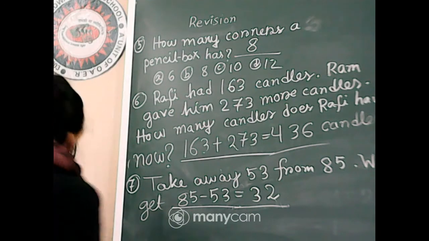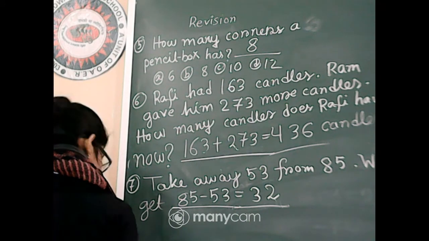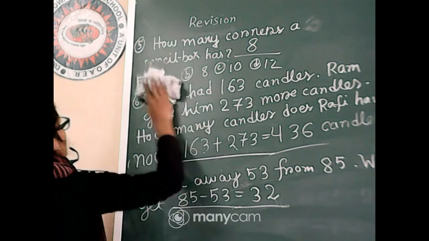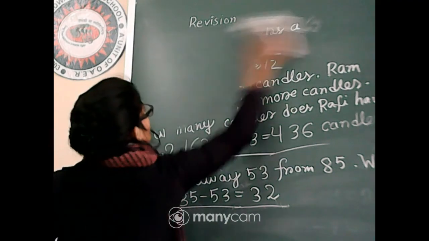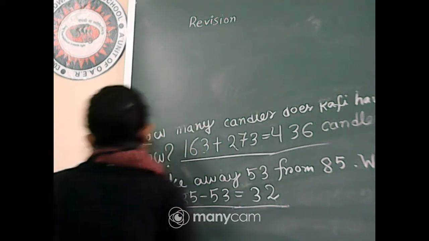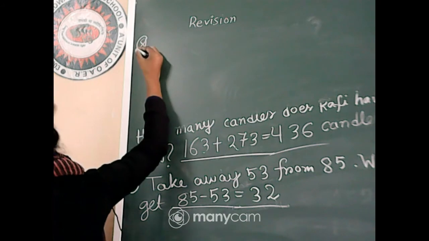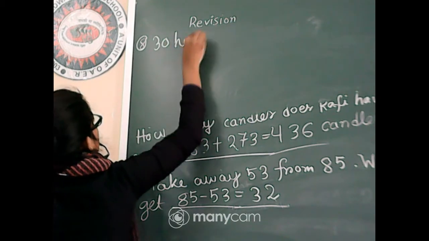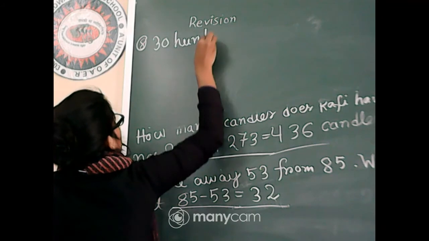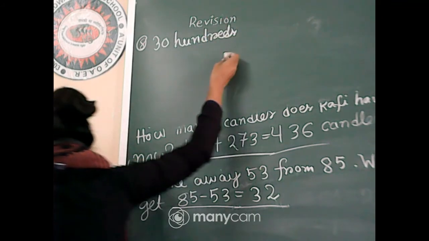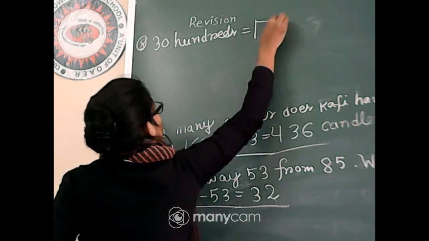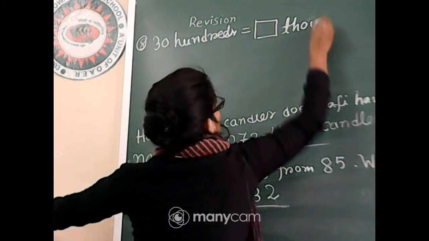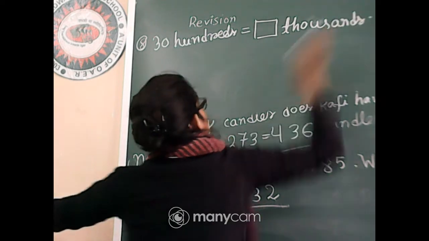Okay. Now, okay, the next one. 30 hundredths equal to dash thousands.